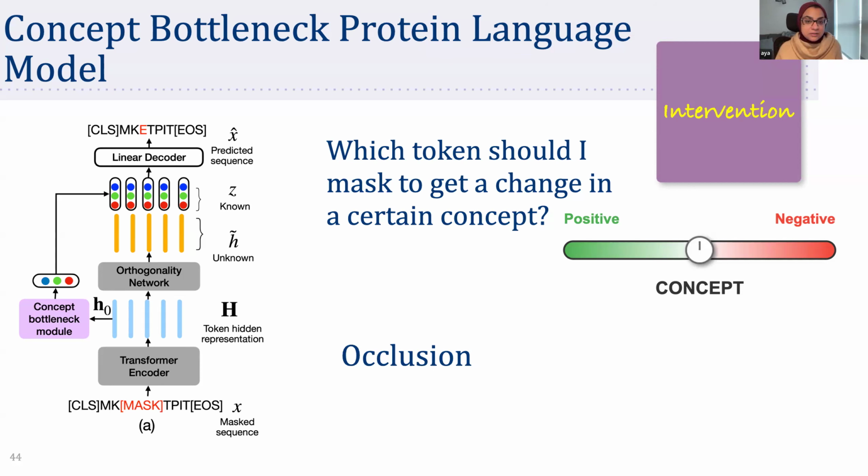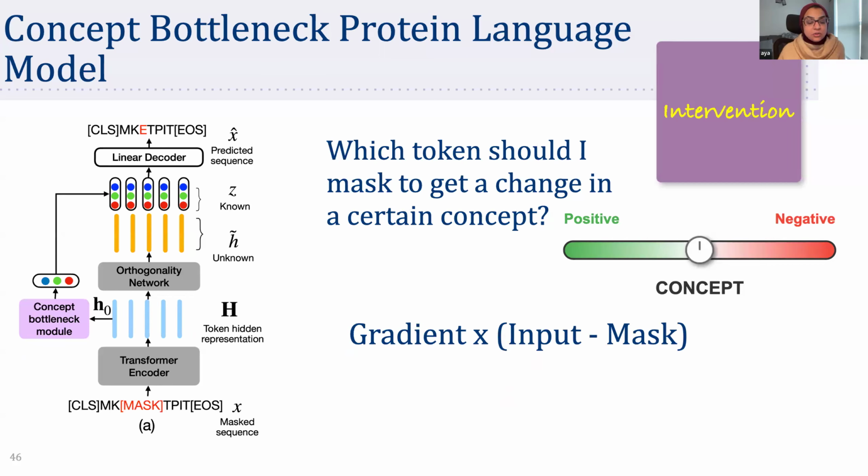The other option is occlusion. With occlusion, we perturb every token in the sequence and see which one affects hydrophobicity the most. The one that affects hydrophobicity the most, we mask out and then predict it. But the problem is that it's super slow, because if the protein is very large and you want to see the effect of every single token, that's slow.